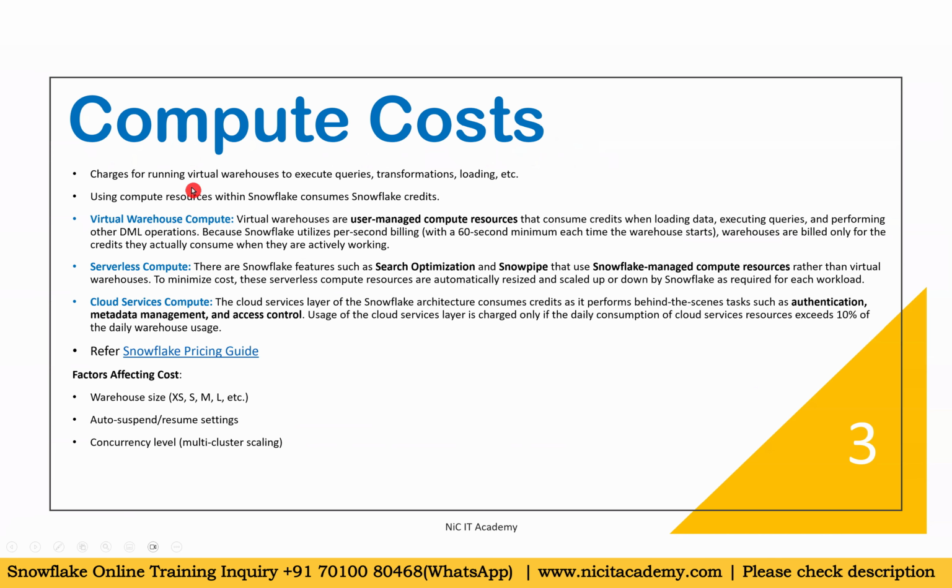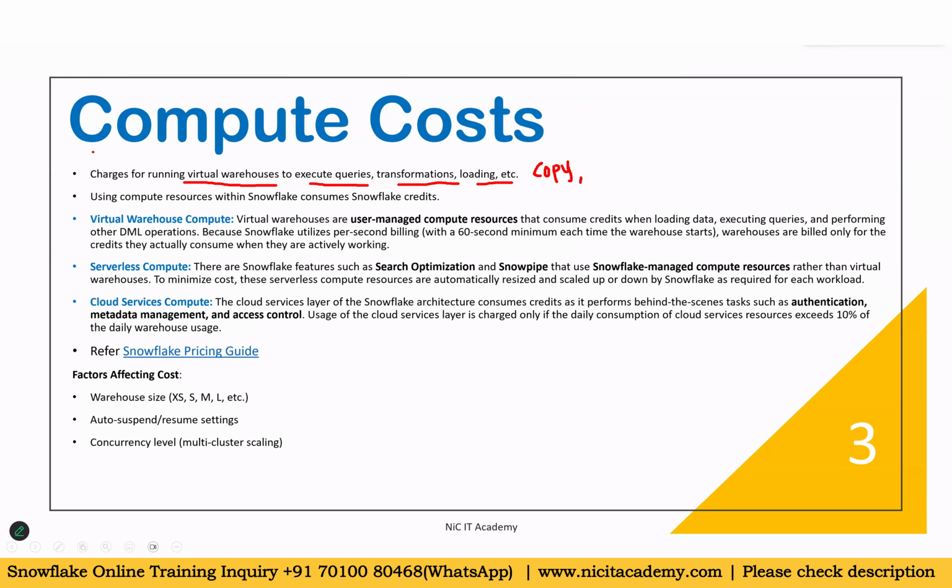Computational cost is nothing but running a virtual warehouse to execute queries, transformations, unloading, and some aggregations. Unloading means the COPY command, and Snowpipe. All of this will take this cost.